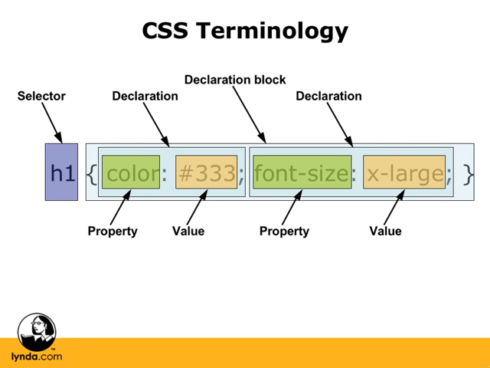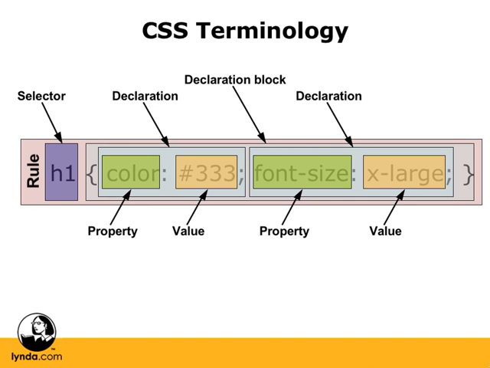All H1s should get a color of 333, which is a dark gray, and should have a font size of extra large. All of this, the selector and the declaration block taken together, is called a rule. So this is one rule, and the rule is h1, color 333, font size x-large. So these are the various components of a rule.